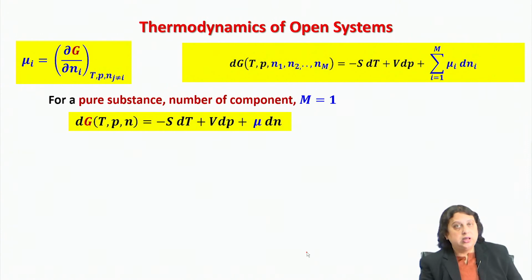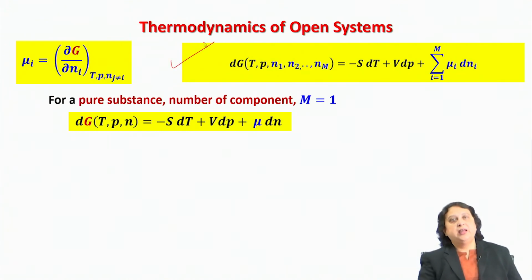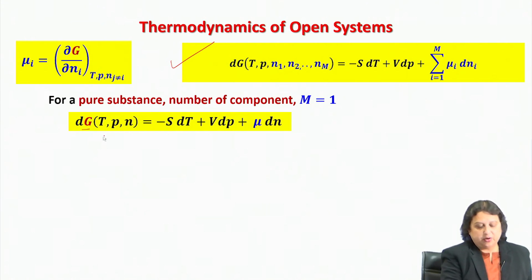Now, when I have such a situation, let me say that n is the number of particles present for this pure substance. Then very easily I can generalize this expression and write down that G is now a function of T, p, and n.